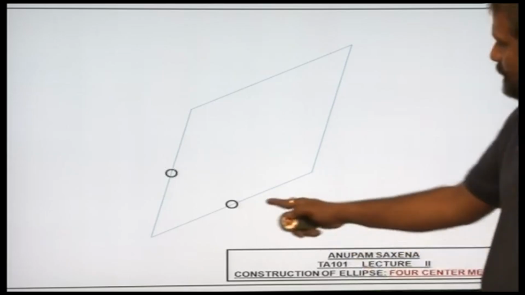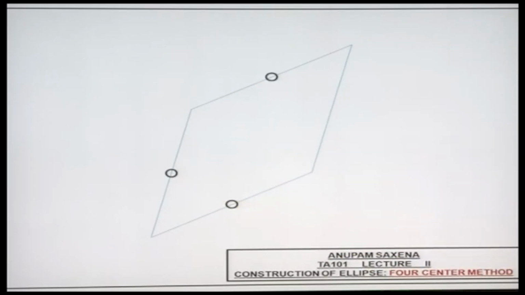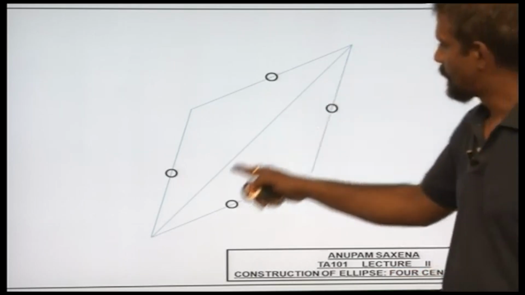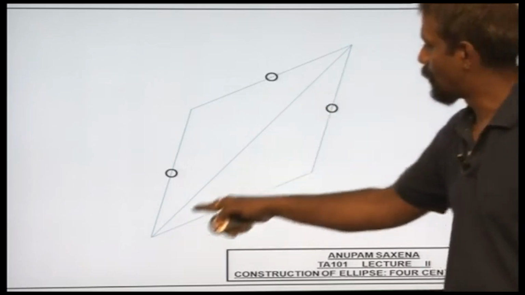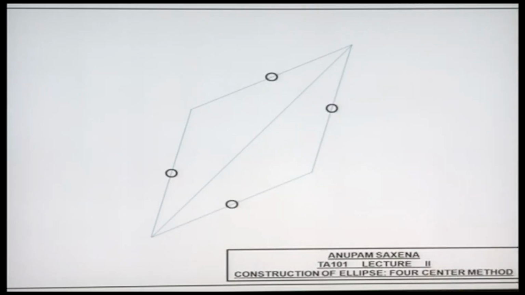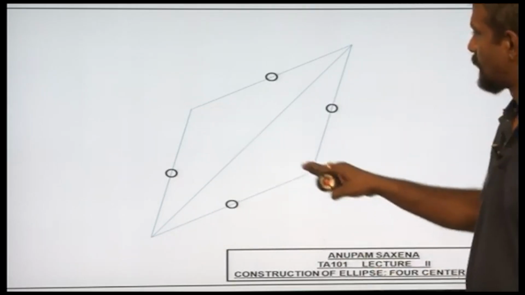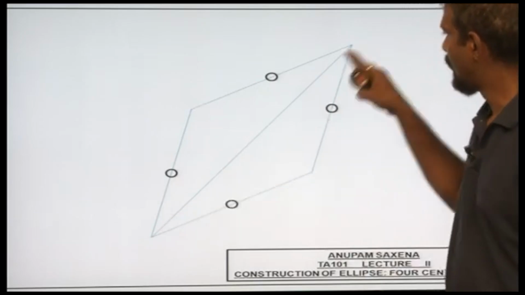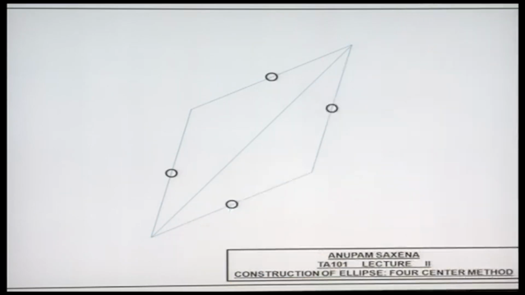Identify the centers of each of the line segments. Now, the first thing you would want to do is identify and draw the longest diagonal. Of course, this one is not the longest diagonal, but the other one is.